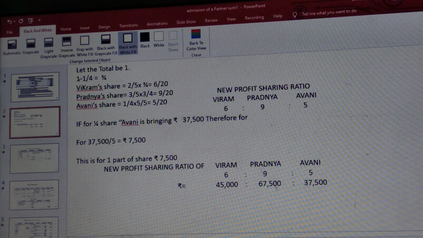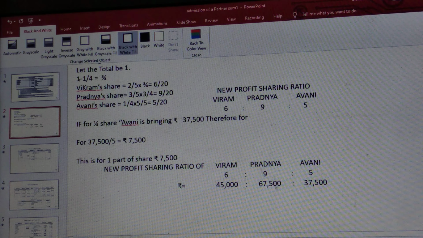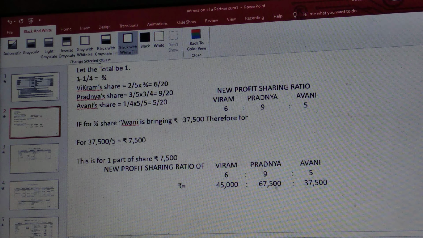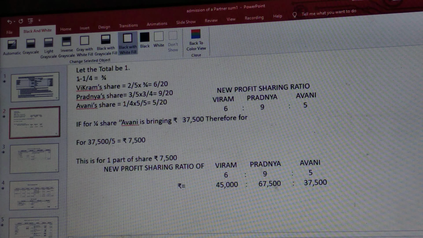How much is he contributing? 37,500. So divided by 5, how much? For one ratio you are going to get 7,500. This will be for one ratio, or one part of that ratio.